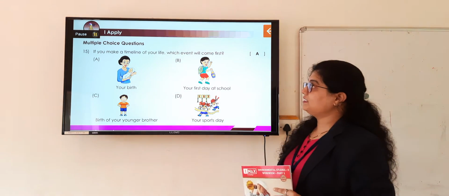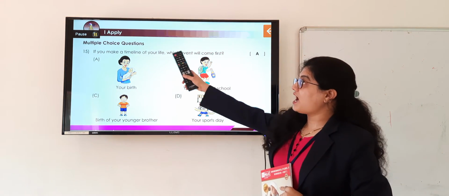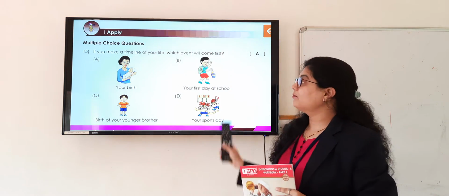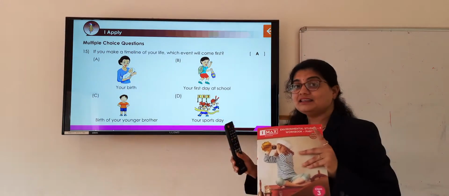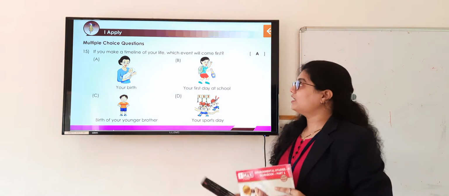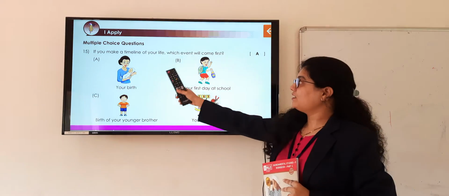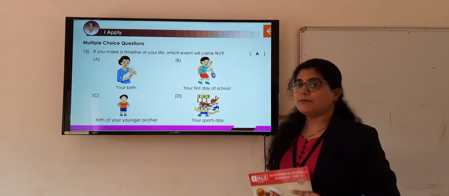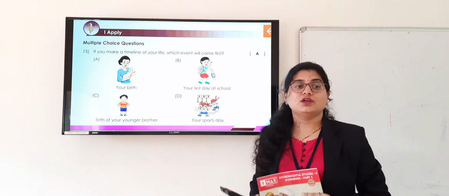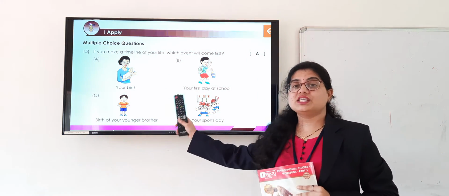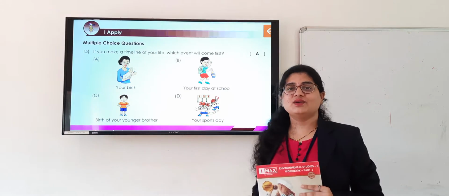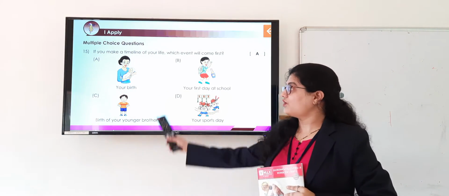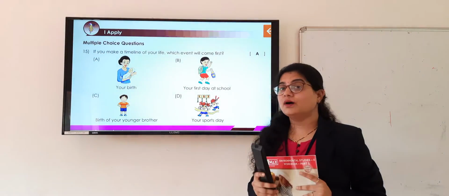Alright. So let us move toward the next question. Here you can see next section, that is I apply. In that the multiple choice question is given. As we all know that, see, if you make a timeline of your life, which event will come first? Alright. You have to write here which event will come first in your life. Alright. So first one is your birth.